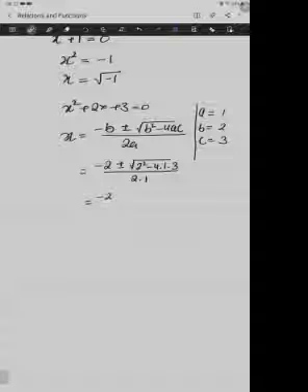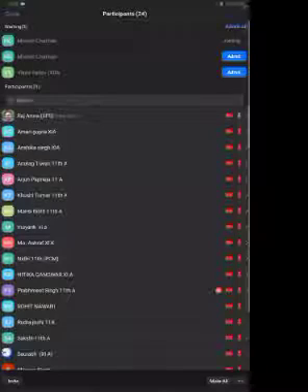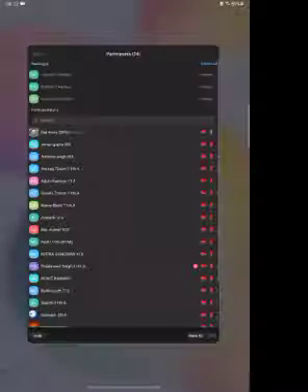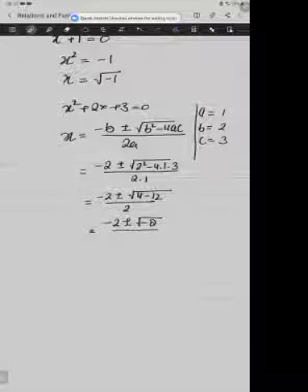So minus 2 plus minus under root 4 minus 12 upon 2. So it comes minus 2 plus minus under root minus 8 upon 2.